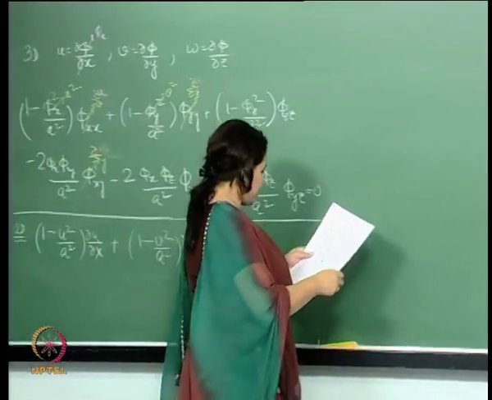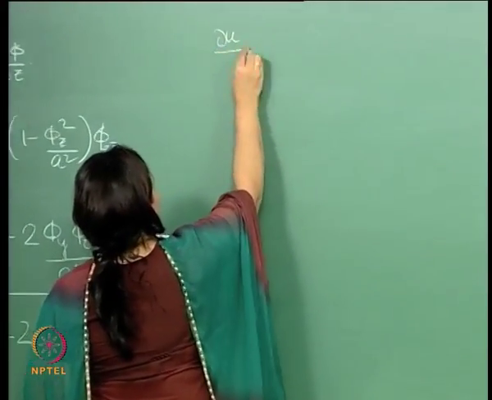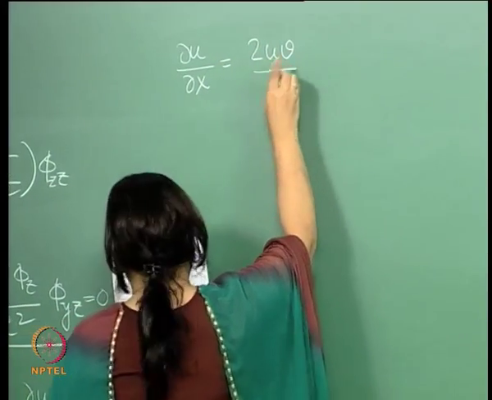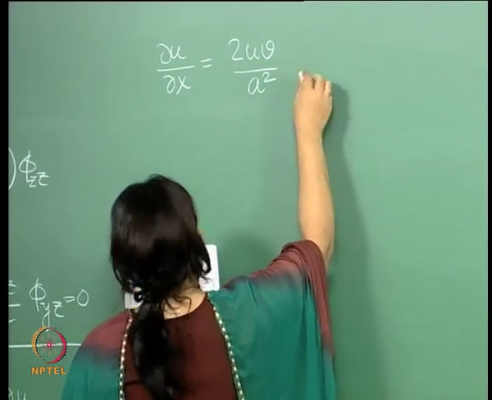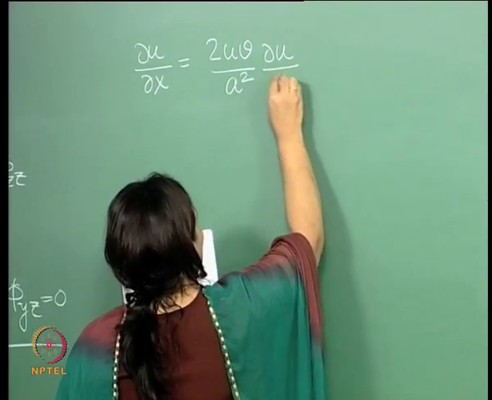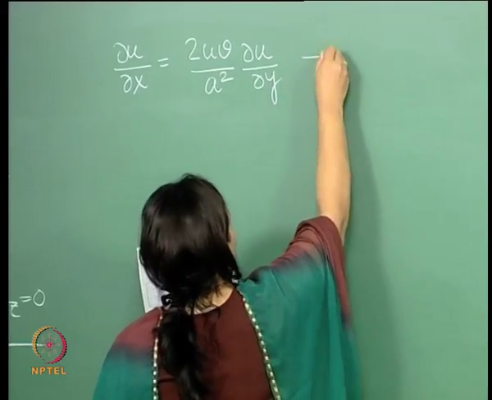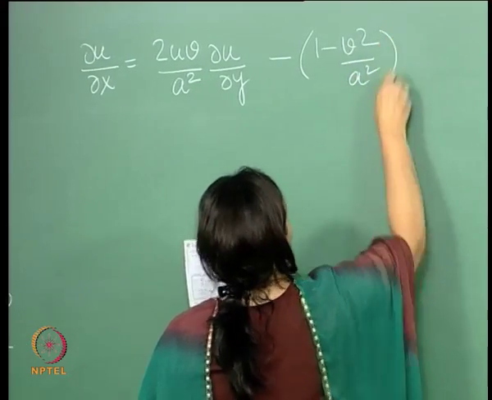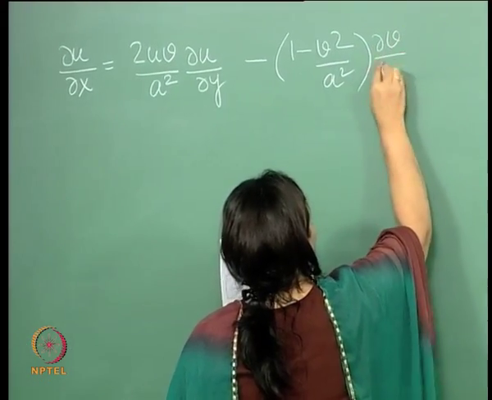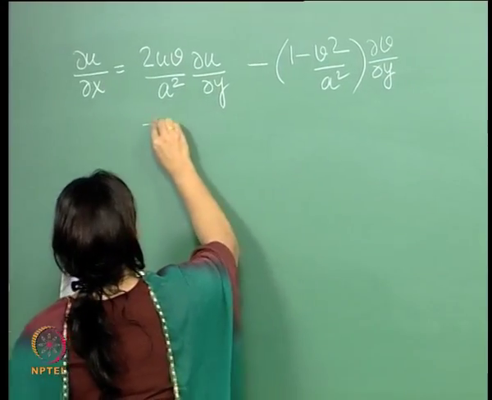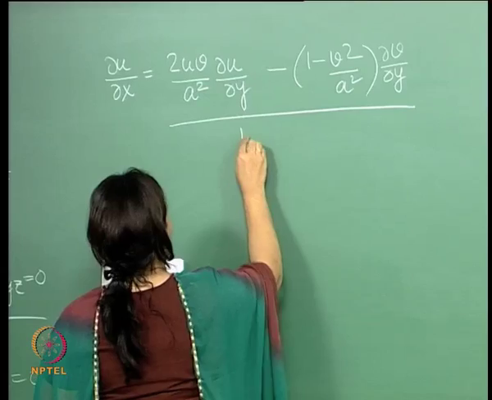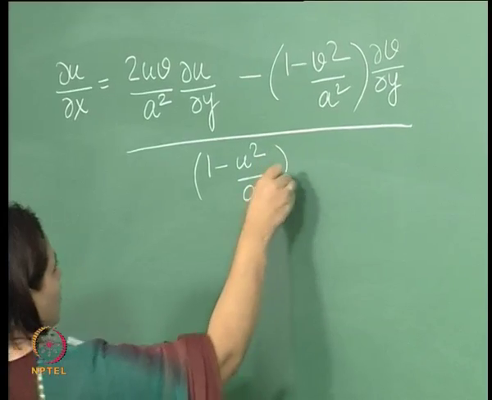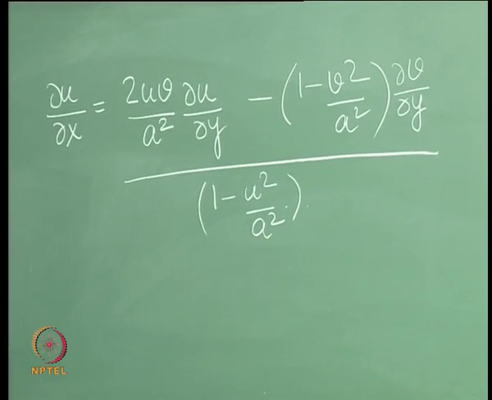So what I get is del u del x is 2 uv by a square del u del y is 1 minus a square. Okay, so we have an expression for this.